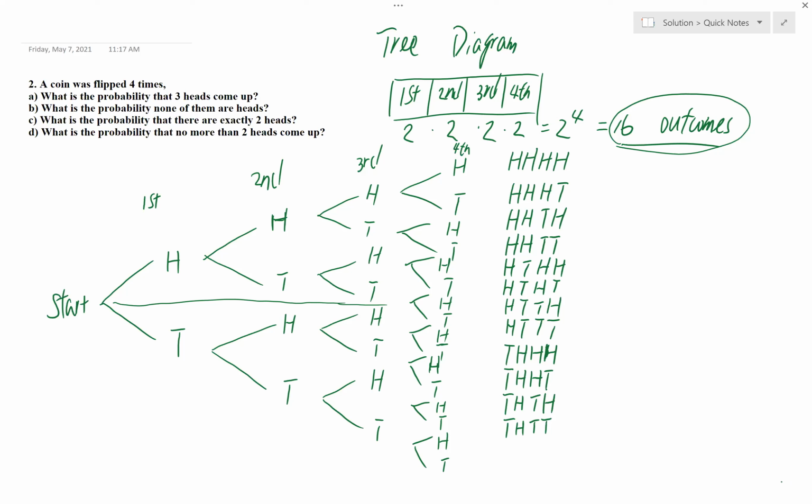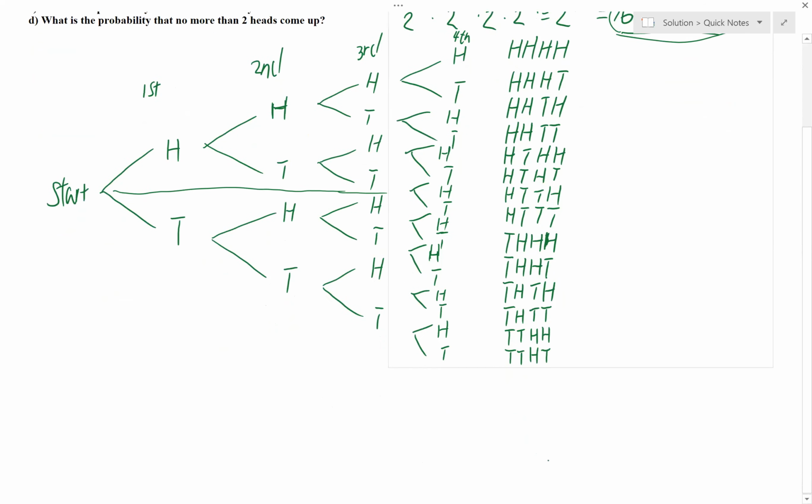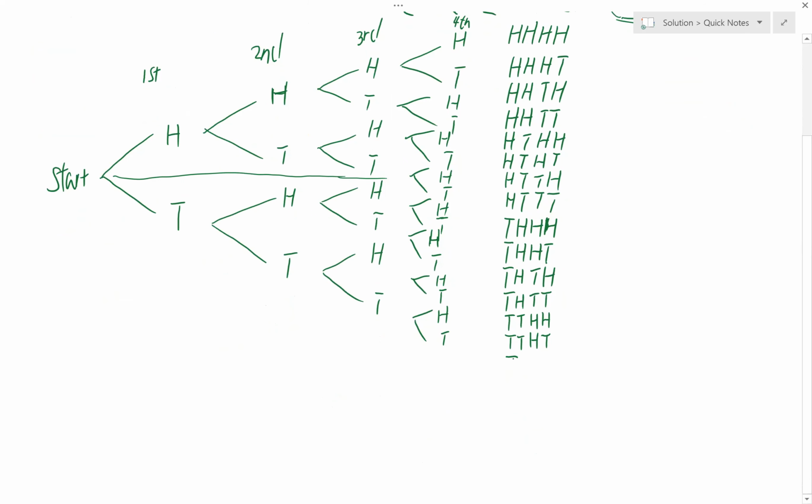It's the last quarter of it, the last 4. Tail, tail, head, head. And tail, tail, head, tail. And second to the last is tail, tail, tail, head. The last one is another extreme case, which is 4 tails: tail, tail, tail, tail.